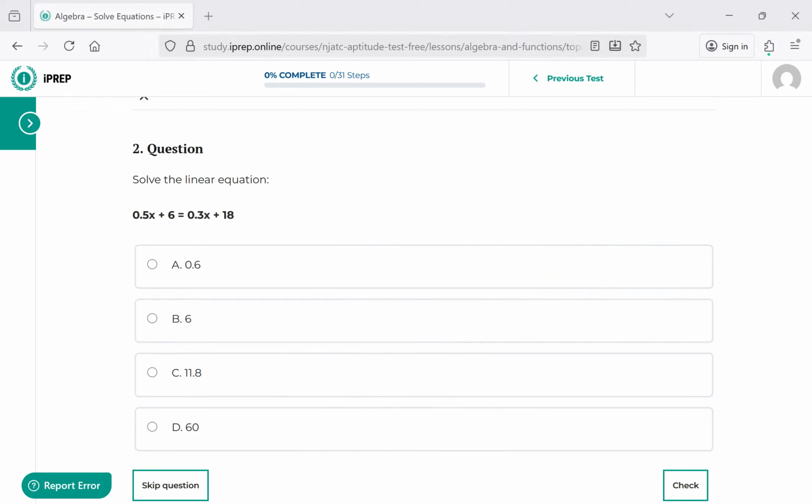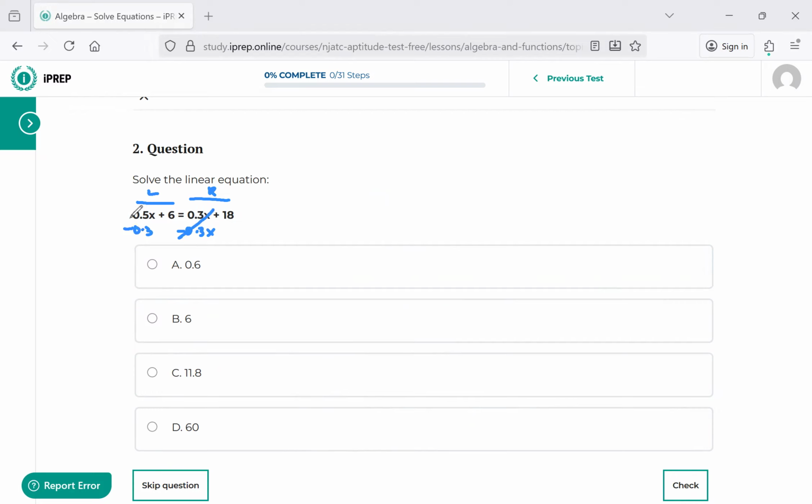Okay, so now let's do question 2. We have 0.5x plus 6 equals 0.3x plus 18. So here's the left side and here's the right side. Can we combine like terms on the left? Nope, variable and a constant. On the right, no, variable and constant still mixed. So now I'm going to get all the x's on one side. So I'm going to subtract 0.3x from both sides. So this cancels.